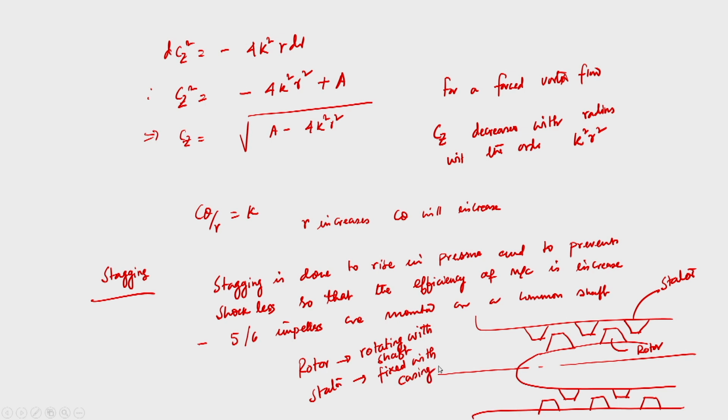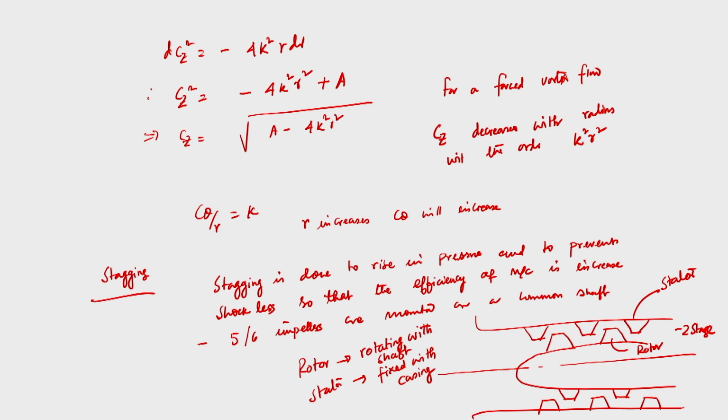As I said, sometimes staging is done, that means this is called 3 stage, and this is 2 stage. Impellers are mounted on a common shaft. There will be a stator which will be hanging from the casing or fixed to the casing, and there will be a rotor which is rotating with the shaft.